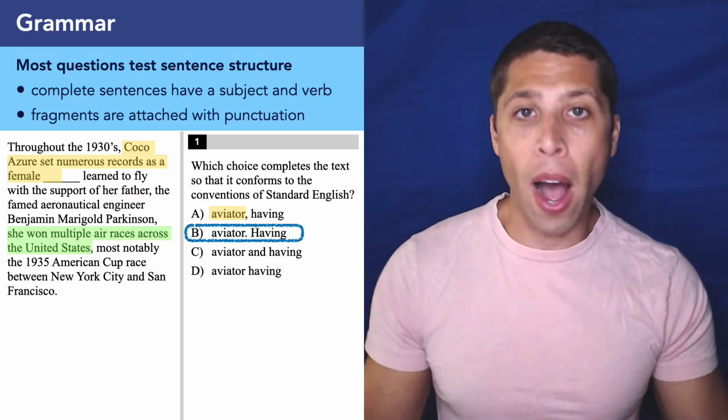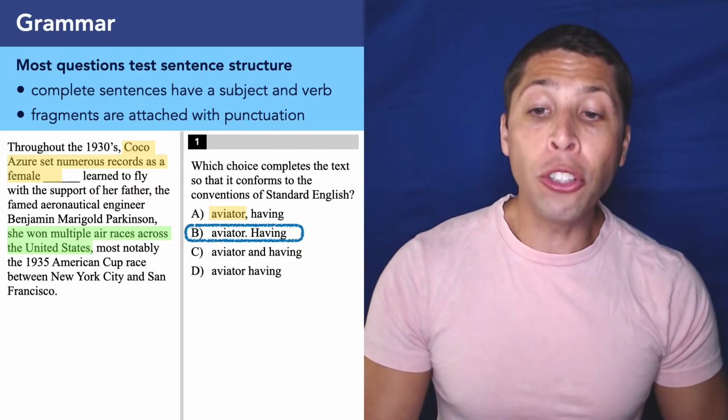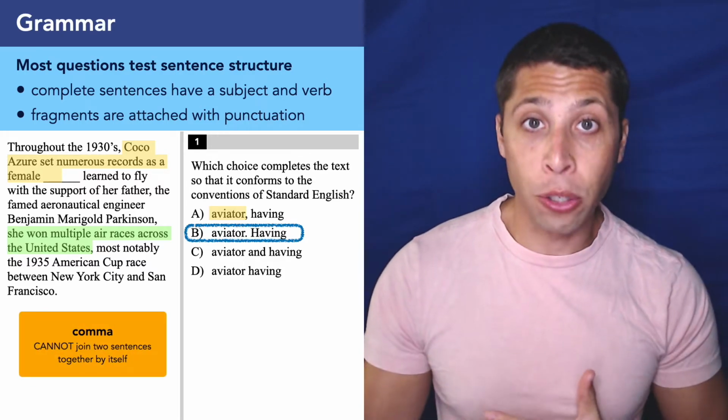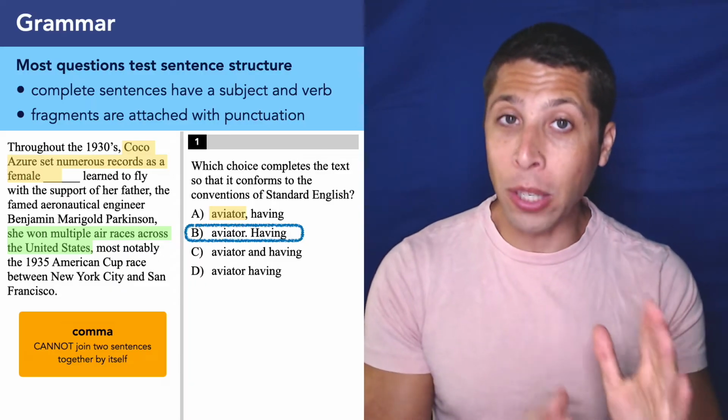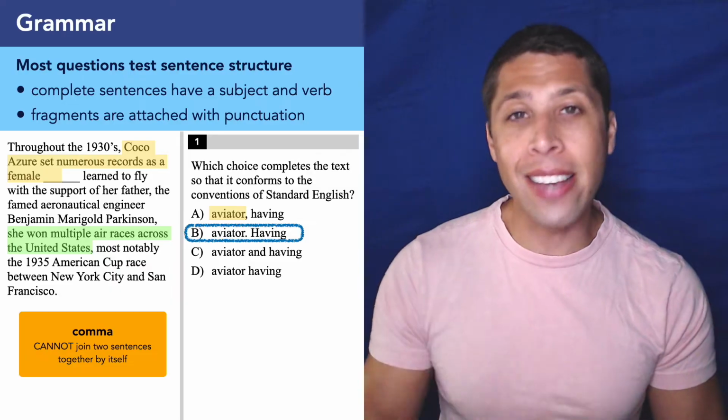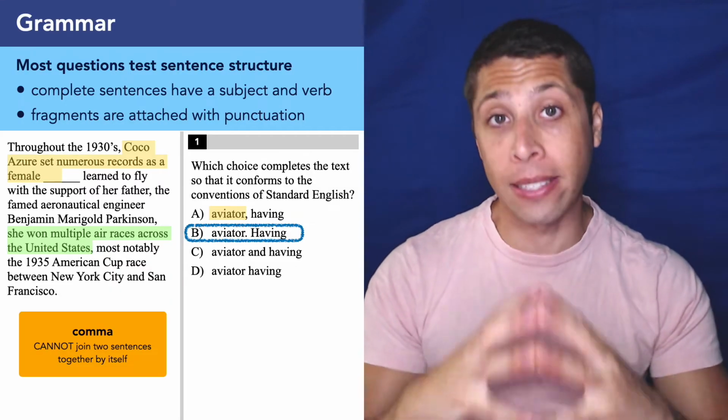So let's talk about why. What's going on here? Well, if we did choose choice A, that would involve a comma connecting the two sentences. And sometimes there are ways we can do this, but by itself, a comma is a weak punctuation mark. It is not capable of just joining two complete sentences together.